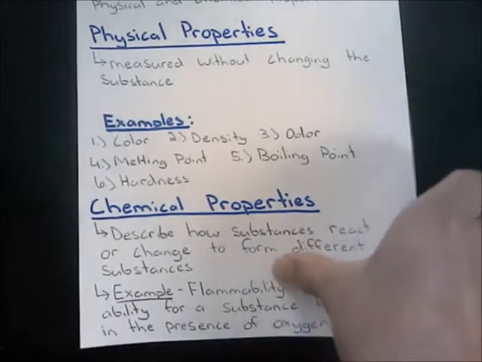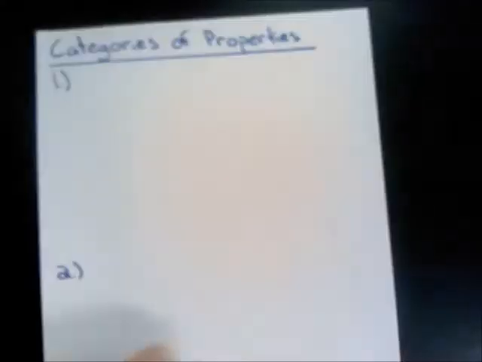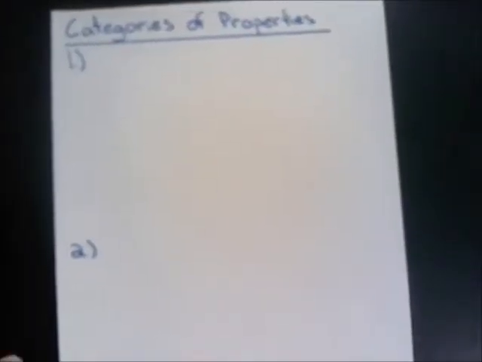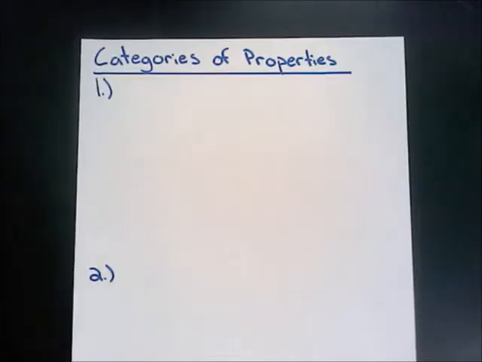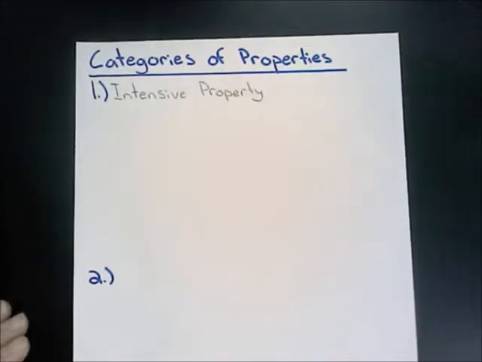So what we'll do here, we'll transition to our different categories of properties. And so there are 2 categories of properties that we are going to be dealing with in this class. And so this first category of property is known as an intensive property.